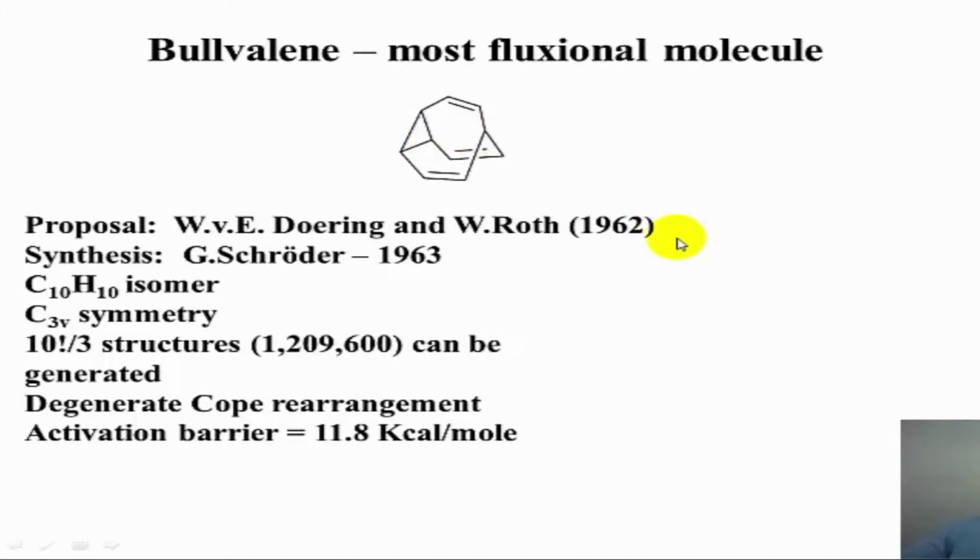This molecule is capable of undergoing molecular rearrangement, and the number of structures that can be generated is 10 factorial divided by 3, because there are 10 carbons and the molecule possesses a C3 axis of symmetry. These rearrangements are essentially degenerate rearrangements. In other words, upon rearrangement, bullvalene produces itself, and this kind of rearrangement is called a degenerate rearrangement, and bullvalene does so by means of Cope rearrangement, which is a 3,3 sigmatropic rearrangement.